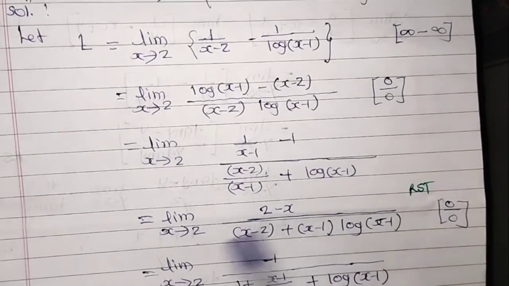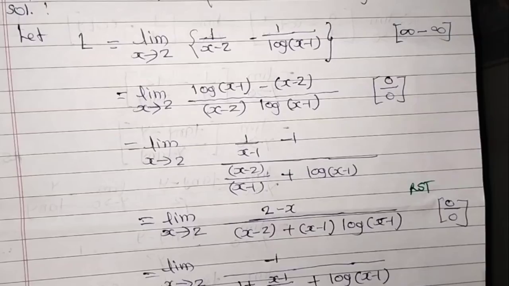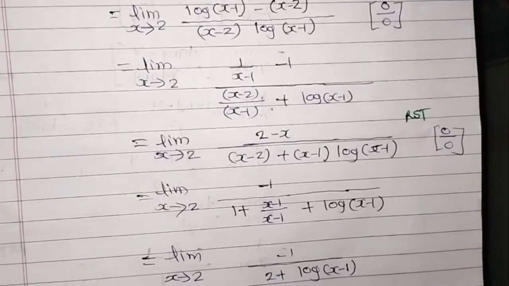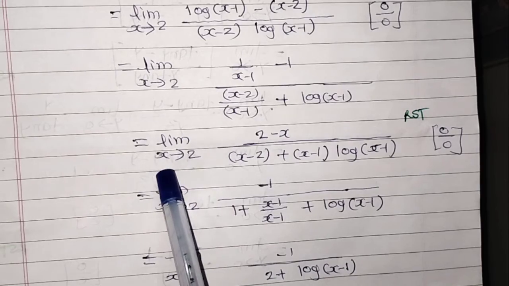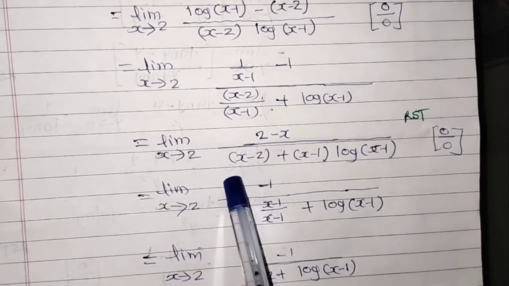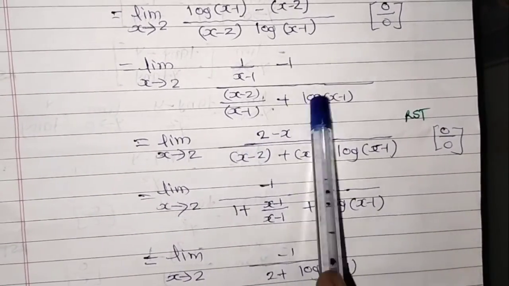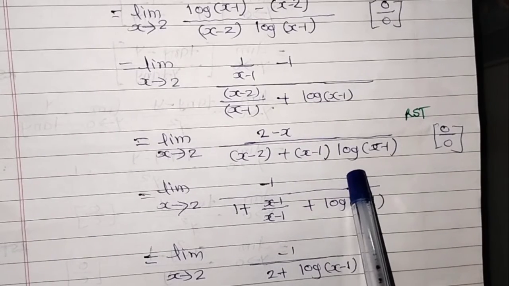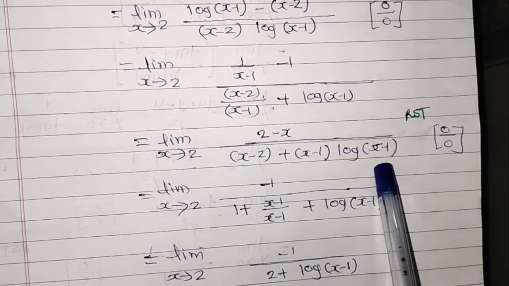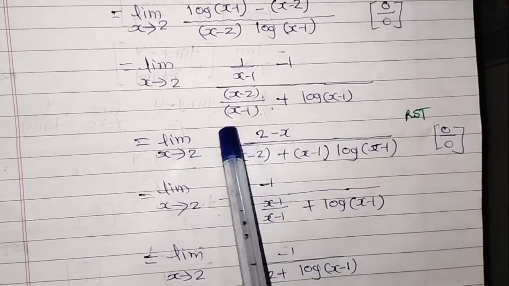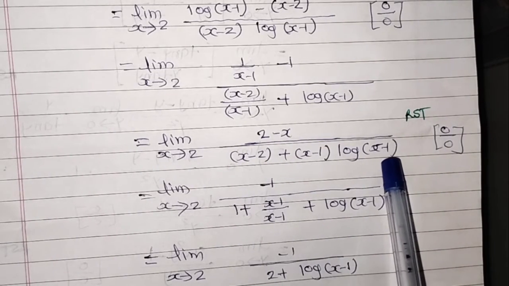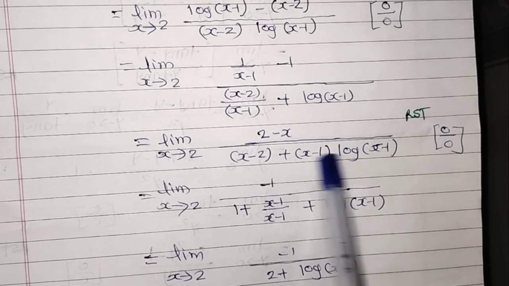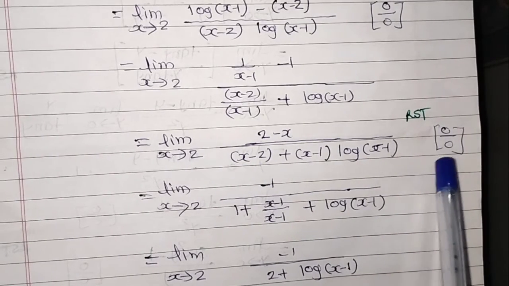After simplifying this we get limit x tends to 2, 2 minus x upon x minus 2 plus x minus 1 upon log of x minus 1, which is 2 minus 2 is 0, 2 minus 2 is 0, 2 minus 1 is 1, log of 1 is 0, so that we get 0 plus 0 is 0, 0 by 0 form.